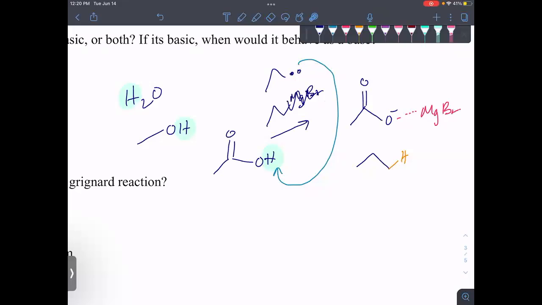And as a side effect of that, you get an O minus because the oxygen lost its proton. To stabilize the O minus, you glue the MgBr on it, which is positively charged. So the MgBr doesn't float off in solution. It stays ionically bound to the O minus, while this is the final product. Not the one we wanted, but the one we got.